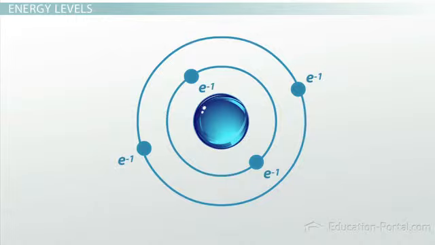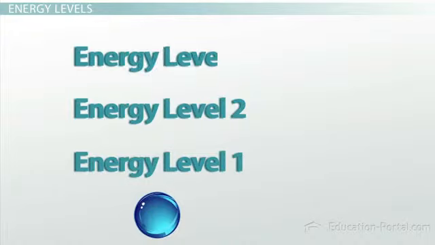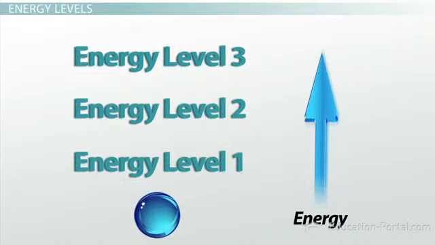So if I was to talk about the first energy level, the second energy level, or the third energy level, there is more energy associated with energy levels as they increase in number. So energy is increasing as we increase the number of the energy levels.